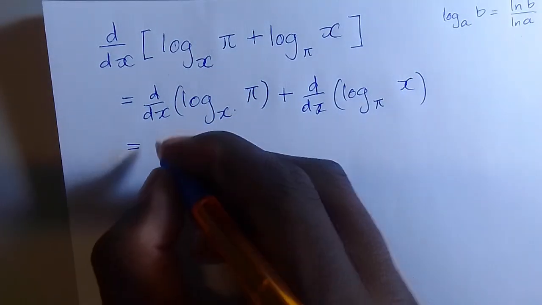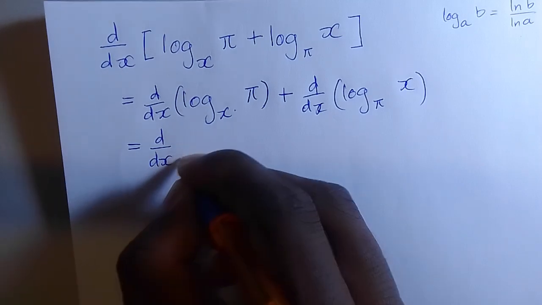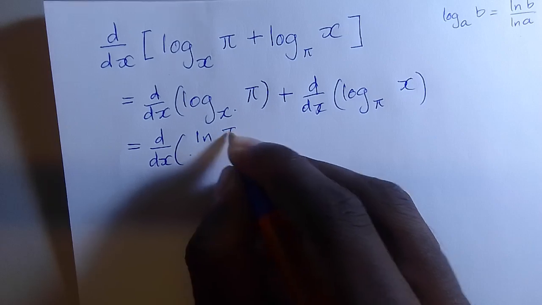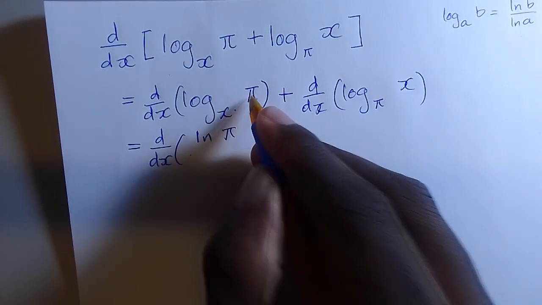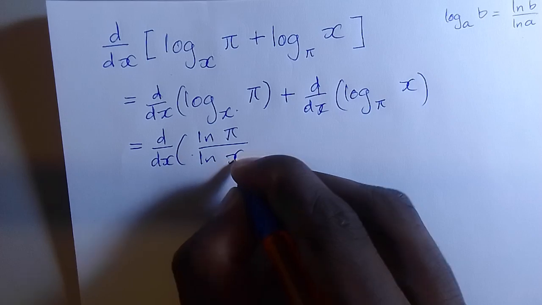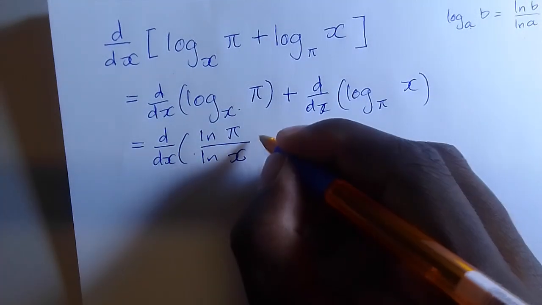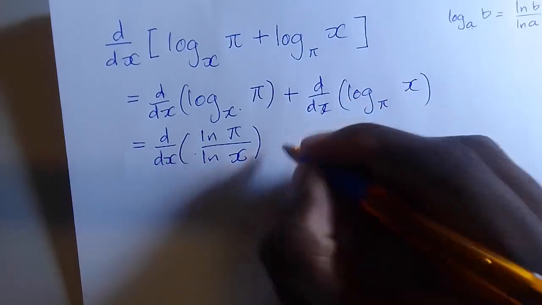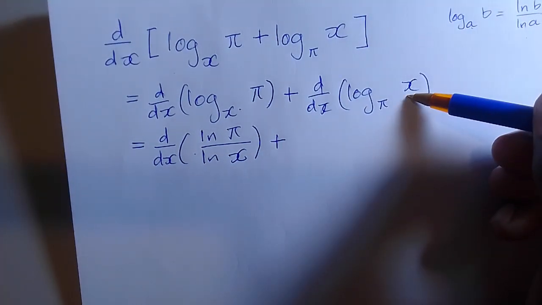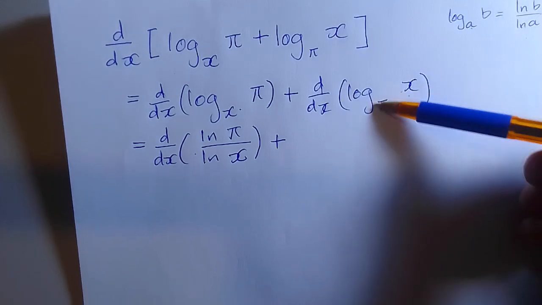So to apply that here, I have d on dx of ln pi, which is my thingy, and then I have ln x, which is my base, because the base has to be on the denominator according to your log laws. Then here we have a rule for differentiating this, because pi is a constant.